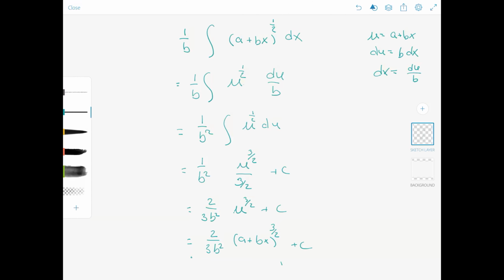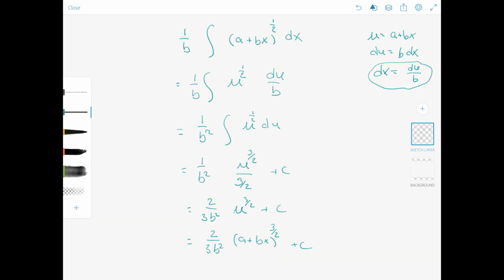And again, I wasn't careful in my notes. That's what threw me a little bit. This is the correct answer because what we have to substitute in there, all we have is dx. And dx is du over b. And we have 1 over b out here, so it's 1 over b squared. So we have to be careful with that. We don't want to make the mistake that I did earlier.